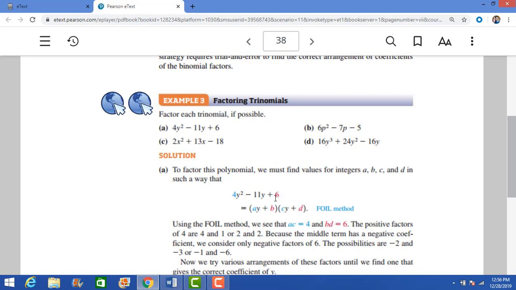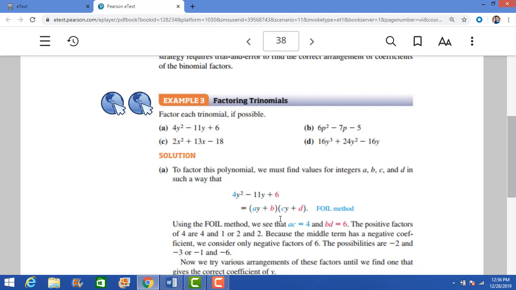Because the product is positive, the only way is if they're both negative or both positive. But because the middle term is negative, we know that they both have to be negative. So we have to figure out which combinations of these factors will give us the middle term.